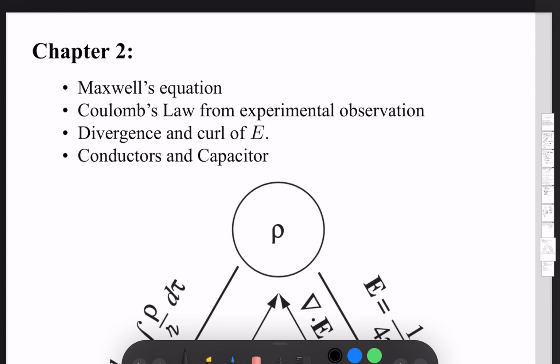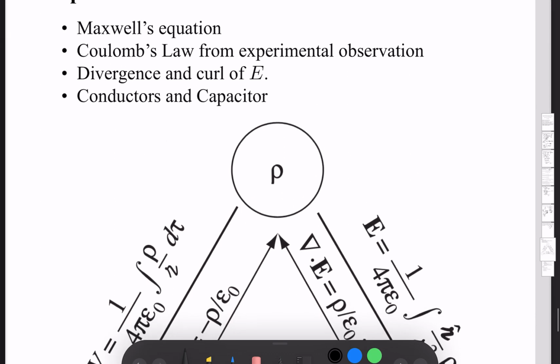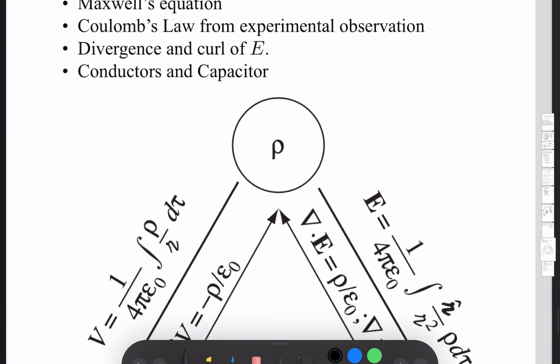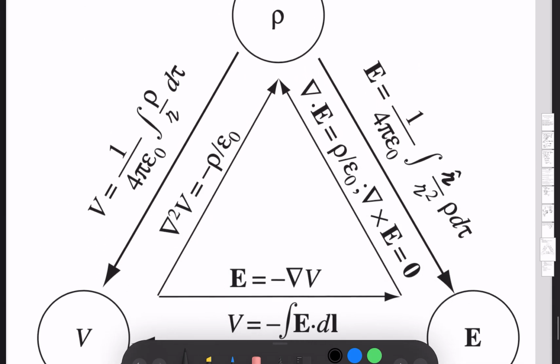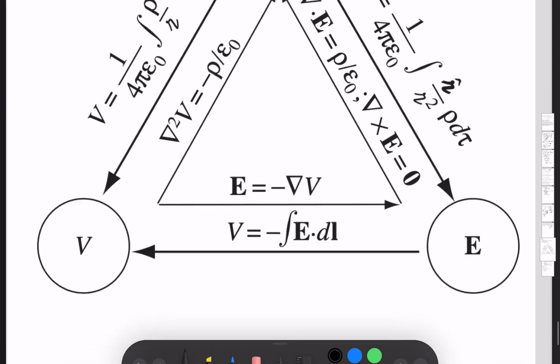So I'll simply quickly go through. Right now we've already finished chapters 2 to 4. In chapter 2, we learned a little bit about the Maxwell equations and the relation between the charge density, the E field, and the scalar V. You can derive one from the other from these triangles.